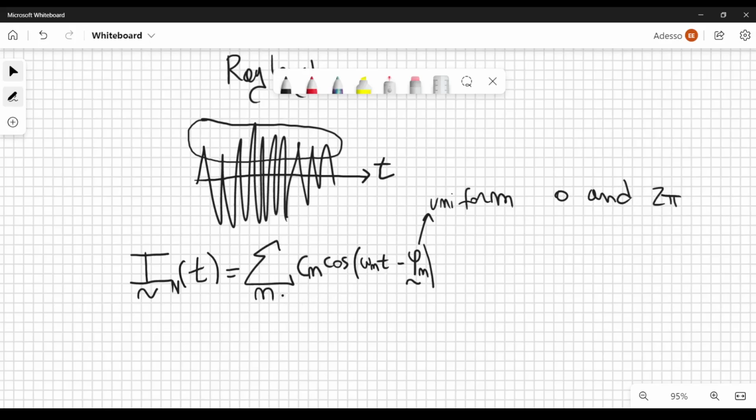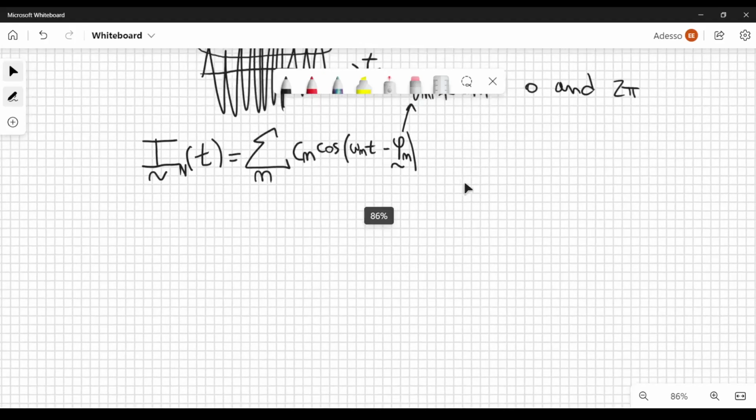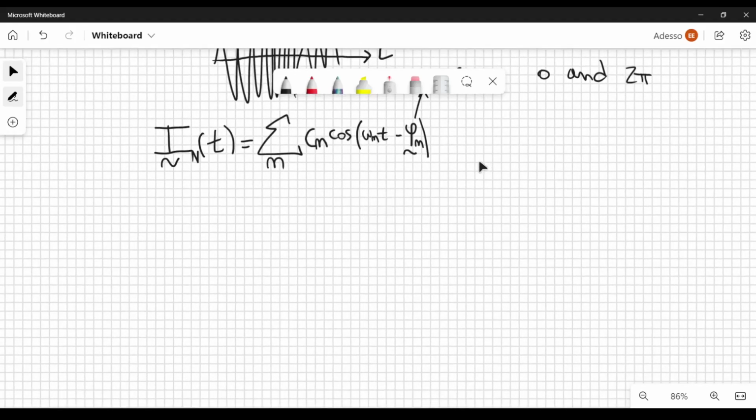And now what we are going to do is rewrite this signal to find the envelope. We will find the envelope of the signal, and then we will find the distribution of the envelope. That's what we want to find. In order to do that, I'm going to rewrite this signal like this. It can also be written as the real part of... Now let me tell you that these coefficients, the frequencies, and the phases are all real numbers.